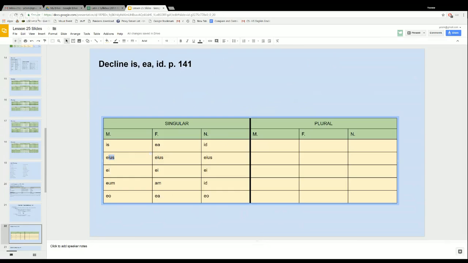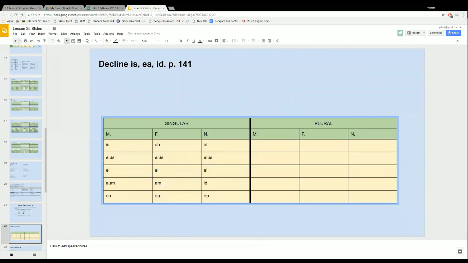That's third declension. And then where have we seen this I in the dative before? Which declension? Third. Exactly. So far, we're like third.